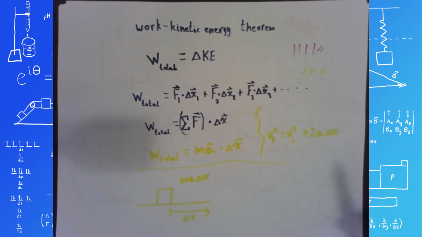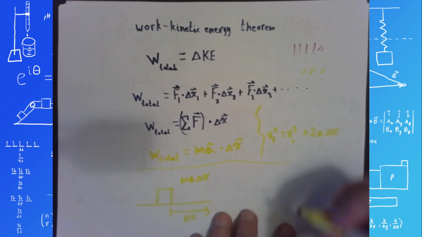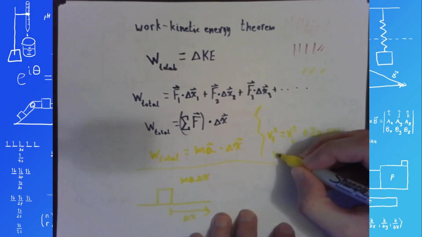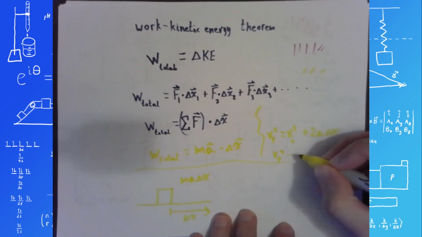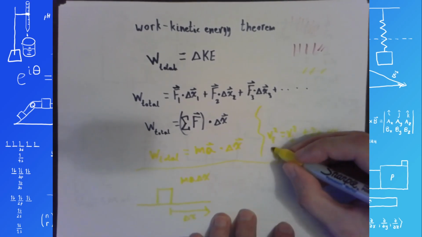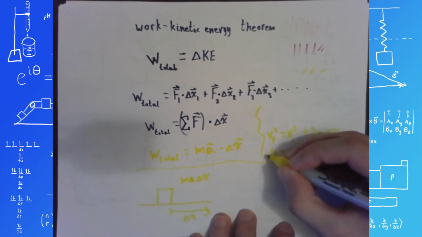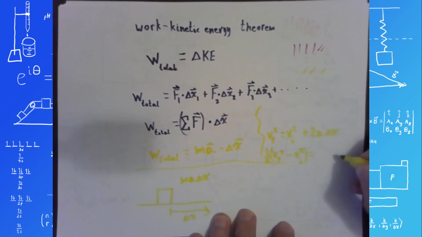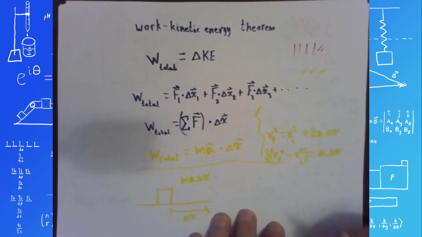But anyway, subtract v initial squared on both sides, and you get v final squared minus v initial squared equals 2a delta x. Divide by the 2, which is the same as multiplying all this by 1/2. And there we go, we have a delta x now.